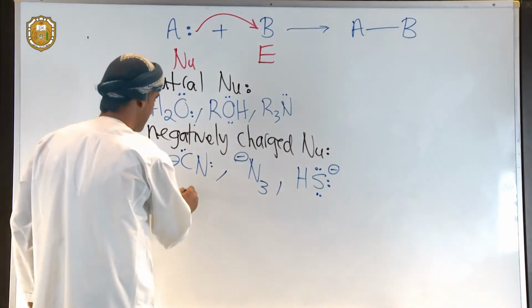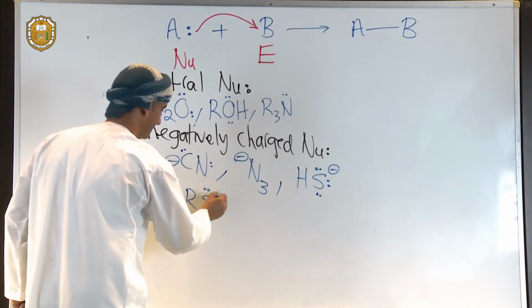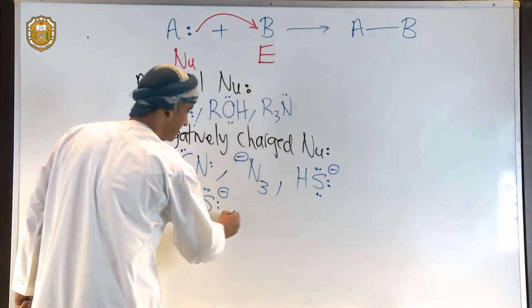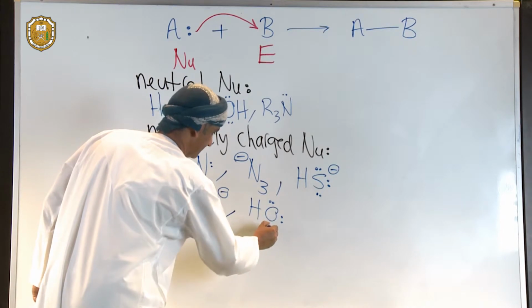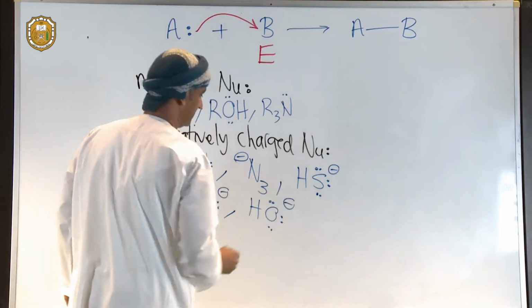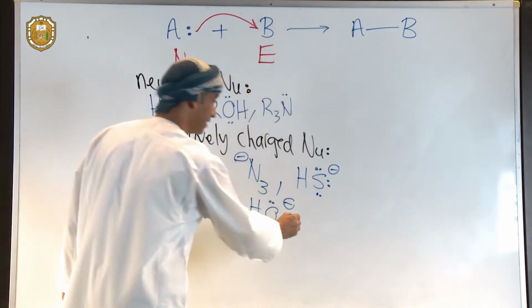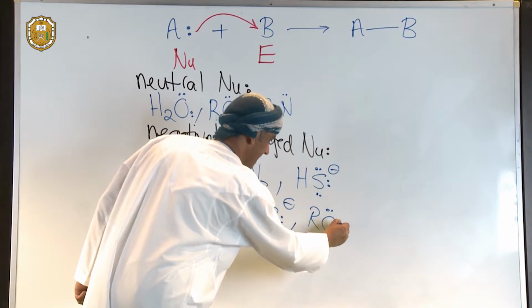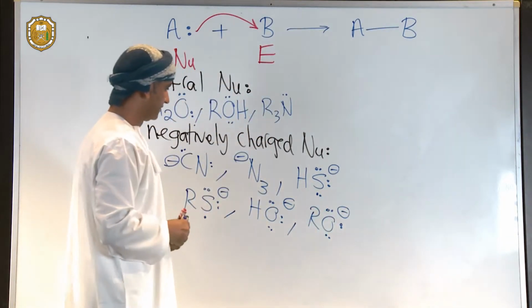Another example will be the thiolate ion. It's also negatively charged. The hydroxide ion, for example, is also an example of a negatively charged nucleophile. Alkoxides, in general, can also behave as nucleophiles. So these are examples.